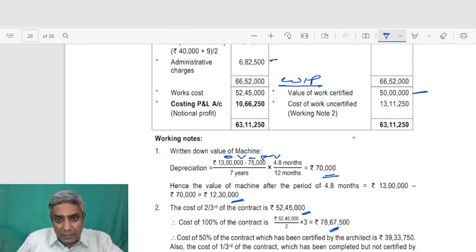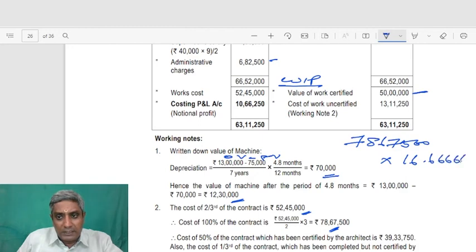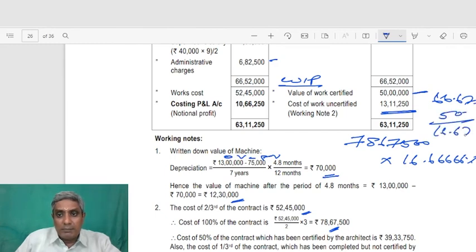This is the cost of the contract, say 78 lakh 67,500, multiplied by 16.6666%. If you do this, the same value will come. In this way also you can do it. That is why earlier I wrote 66.67 minus 50%, which is 16.67%.